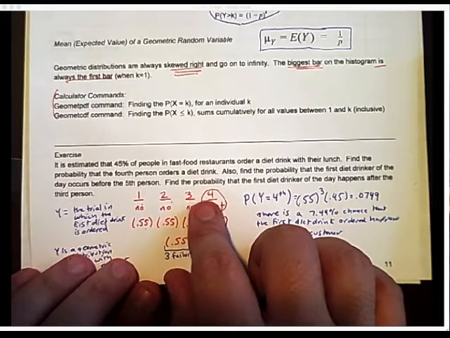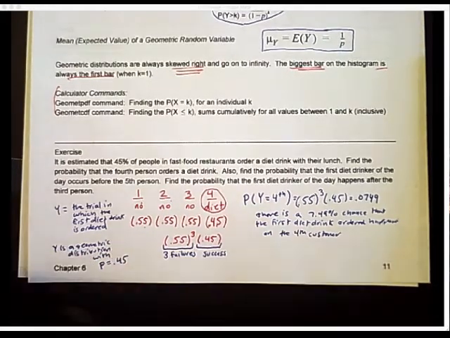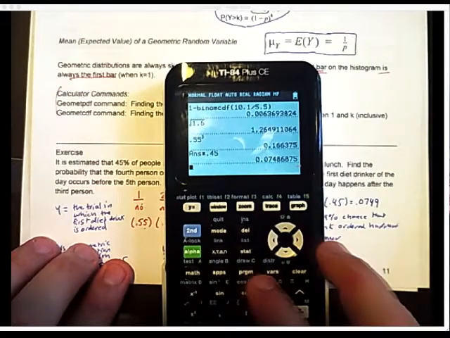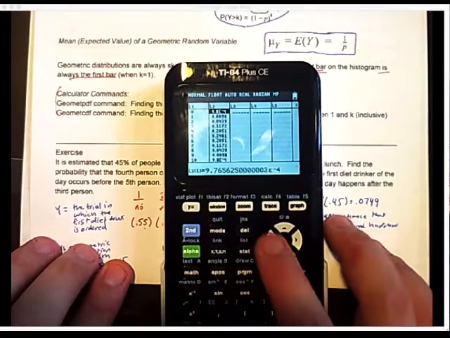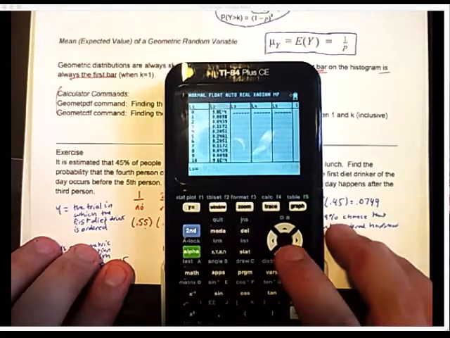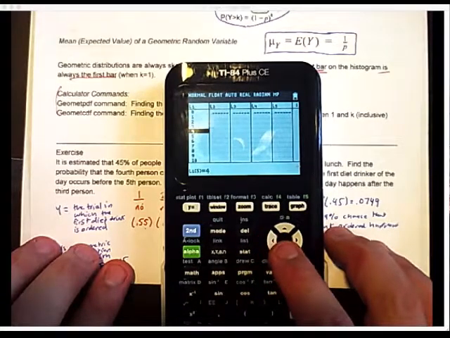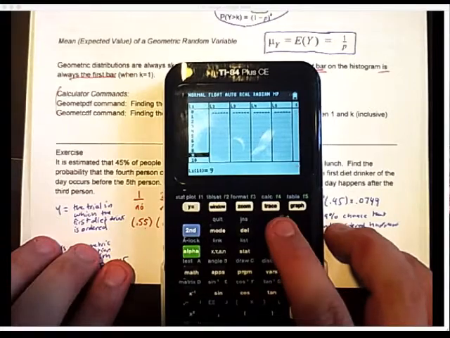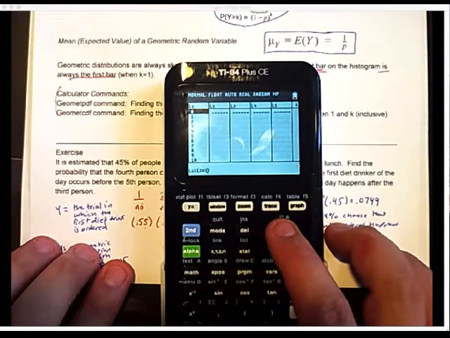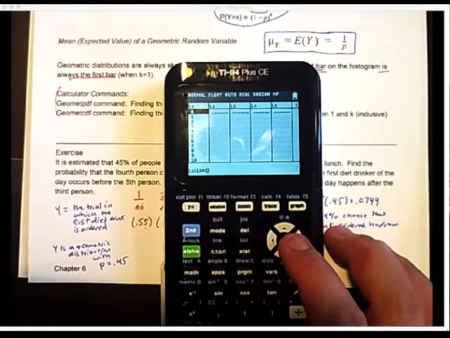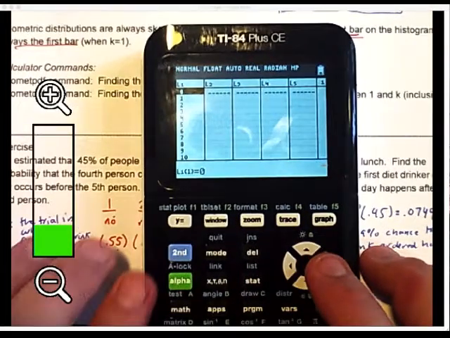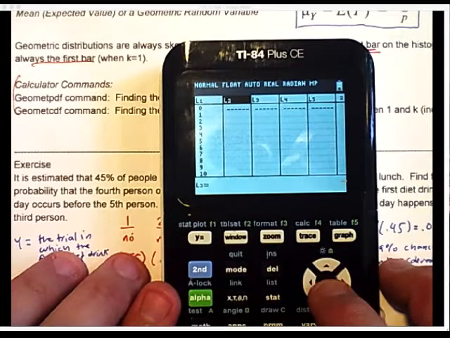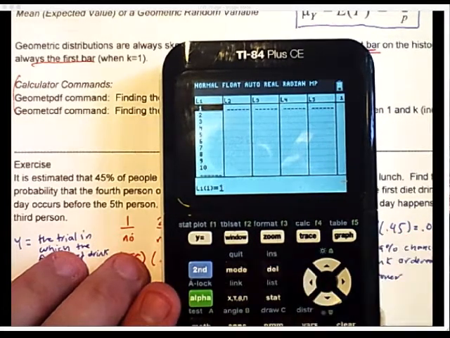Okay? So let's kind of think about this in terms of a histogram. Now, technically, we should make list 1 go out to infinity, but I'm just going to leave it up to 10 real quick so you can see it. But we don't start at 0, we start at 1 on a geometric.